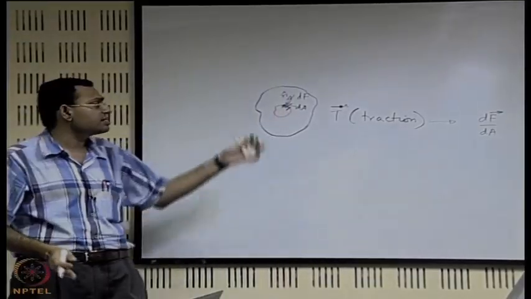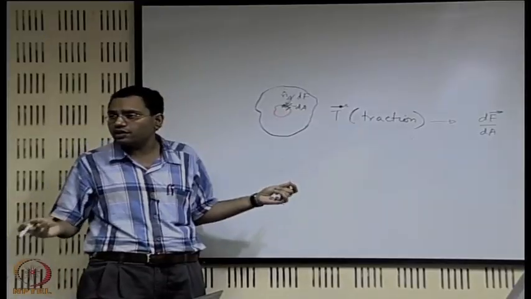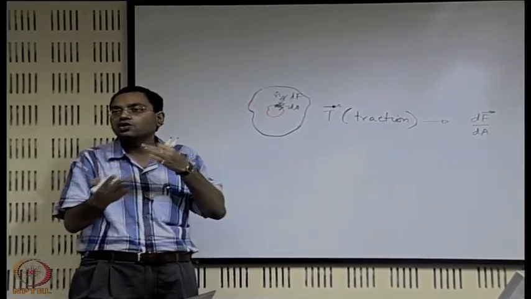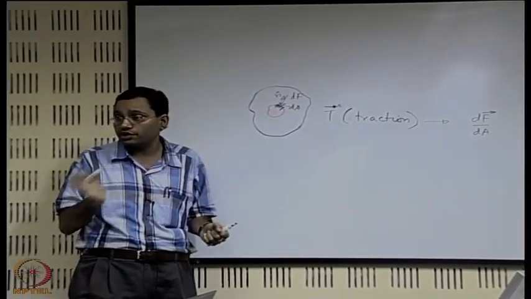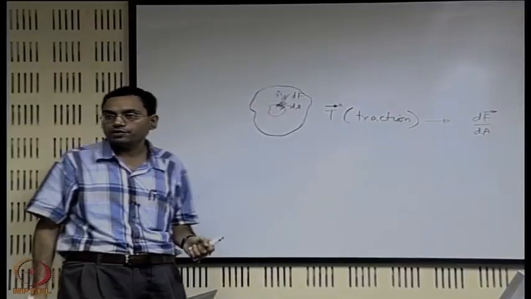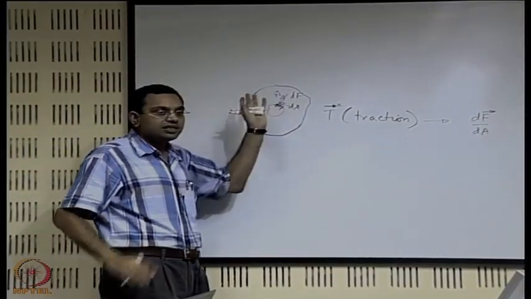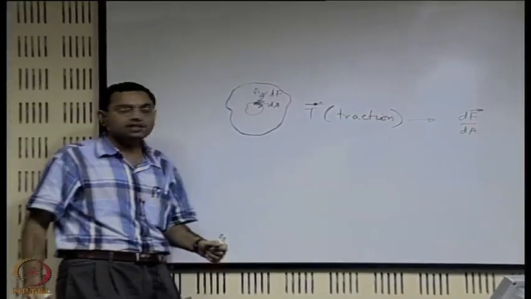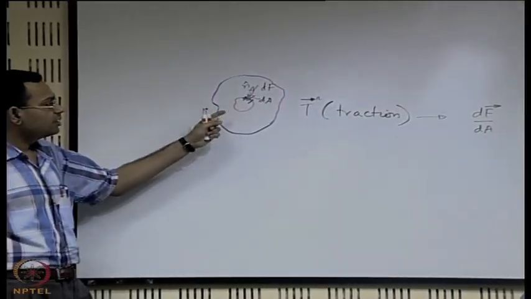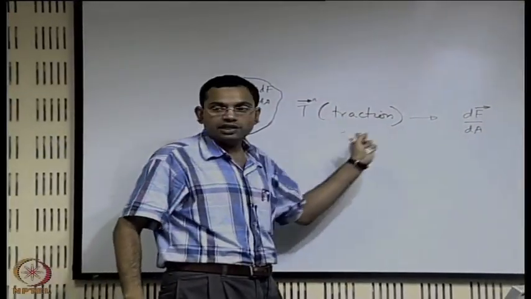Even if it is not a unit vector, there is no problem, because we can always normalize it. The direction is what is important. If n is changed, that means the orientation of the area is changed. Obviously, this traction vector will change.